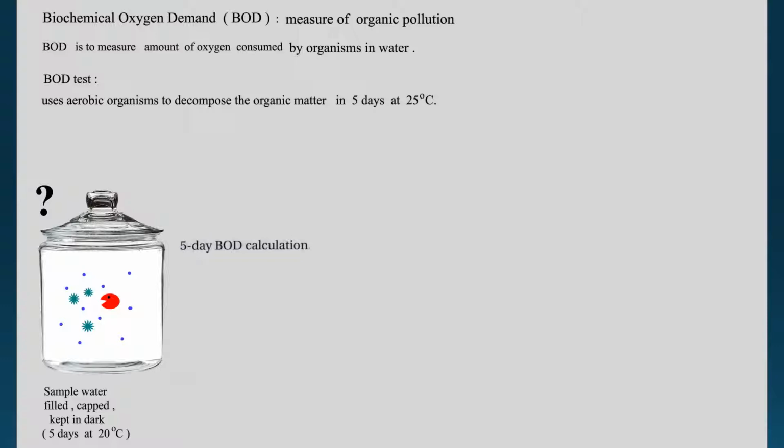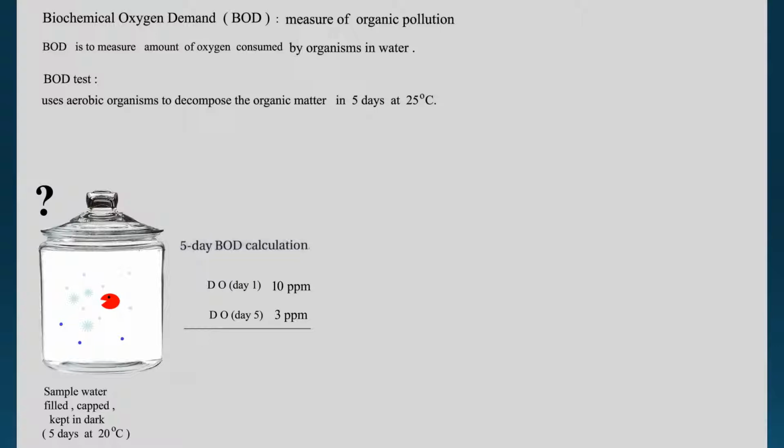So I measure the 5-day BOD. On day 1, I count 10 ppm. But as the days go by, in 5 days the bacteria will eat the food and use the oxygen.